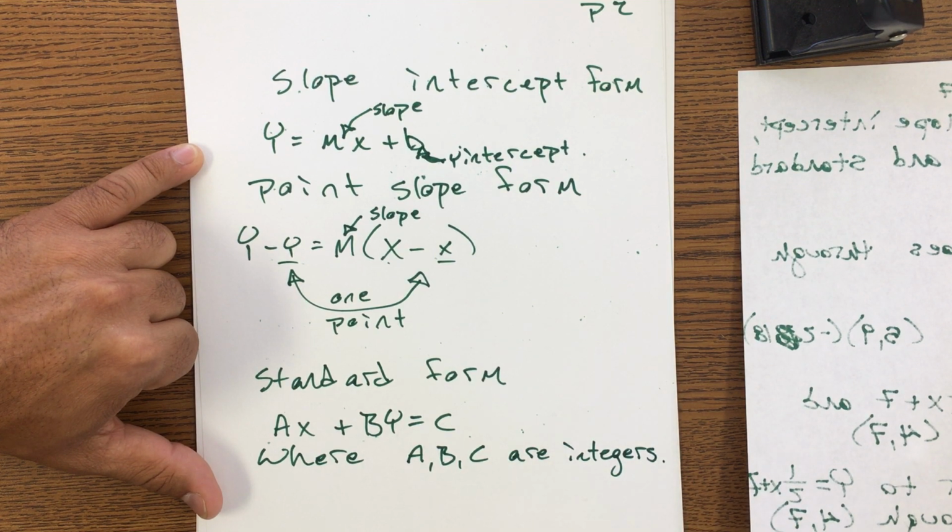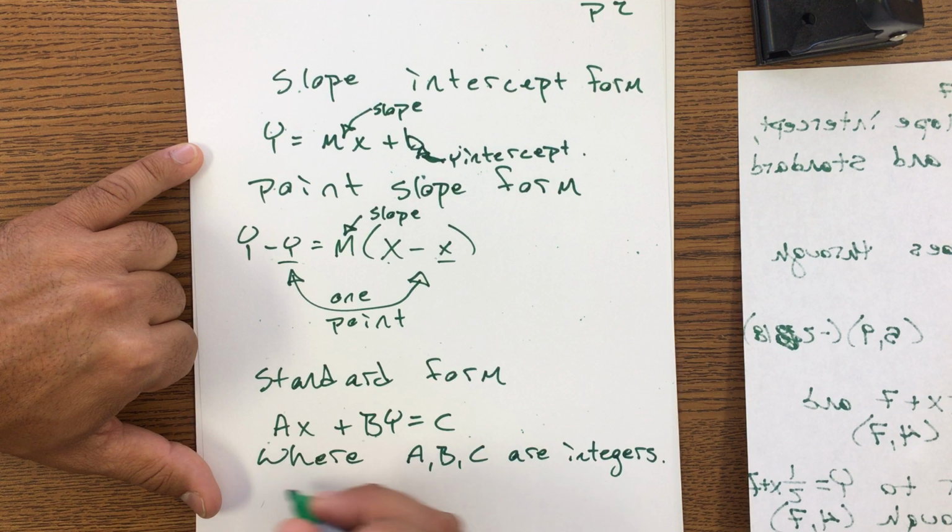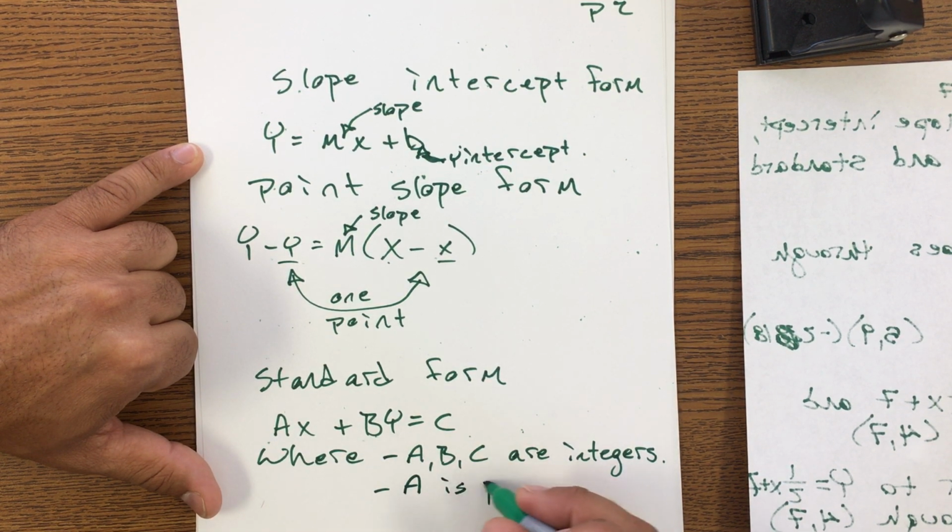And we also say that they're the least common multiple, meaning like if I had 6x plus 3y equals 9, those can all be reduced by 3. ABC are integers. A is positive, and they cannot be simplified.